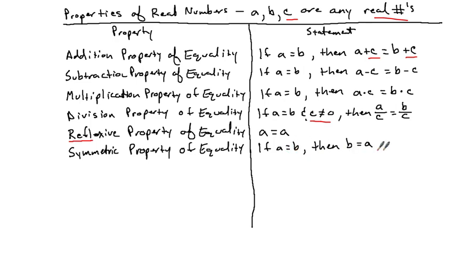A equals B and then B equals A. A lot of people want to call this one reflexive because it looks like a reflection, a mirror image. But this is not reflexive. So make a special note of that so you don't make that mistake. Reflexive is when it looks exactly the same. It'll be like 2 equals 2 or 5 equals 5. That's the reflexive property. All right, our next one is called the transitive property of equality.